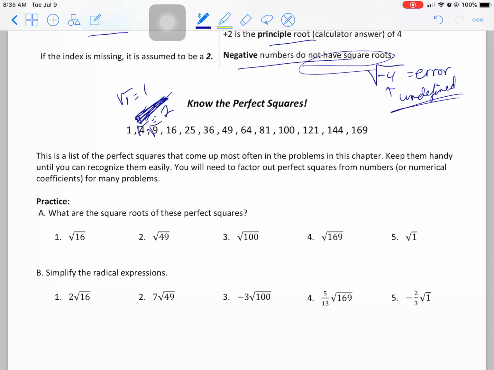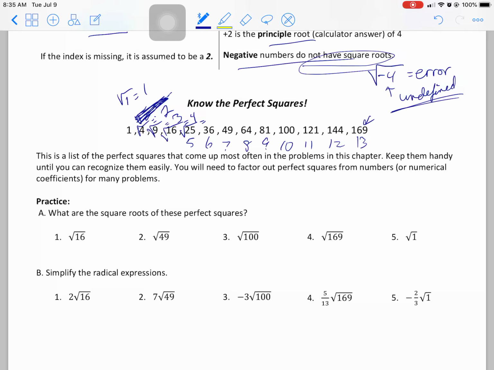Square root of 9, you get a 3. Square root of 16, you get a 4. You get the idea. That's for 5, right? This is 6, 7, 8, 9, 10, 11, 12, 13 square roots. Okay? So that means these numbers are perfect squares. So when you take the root of them, you get a whole root.